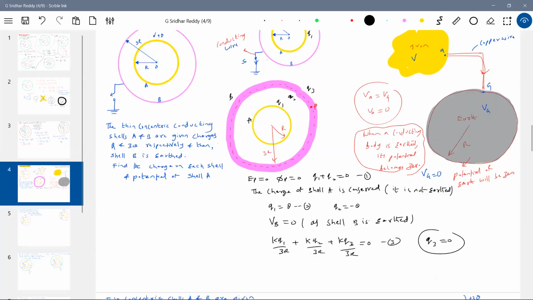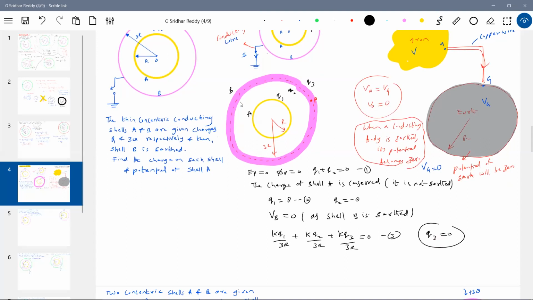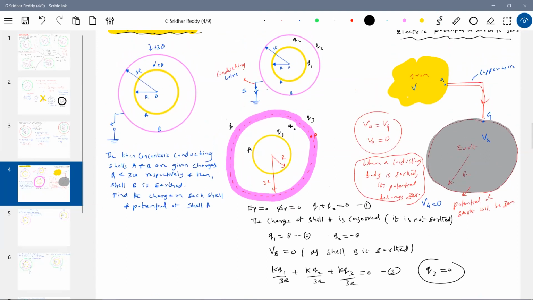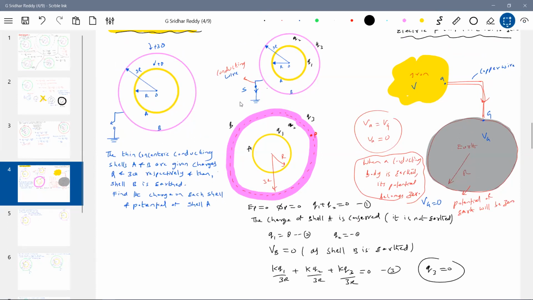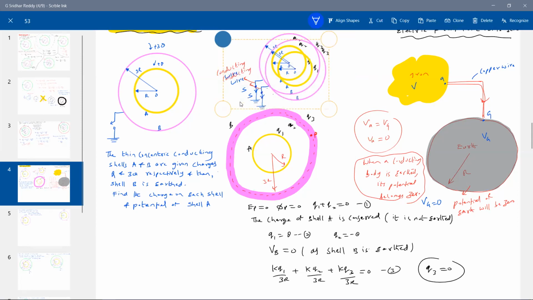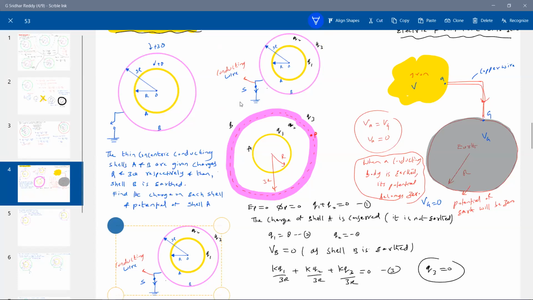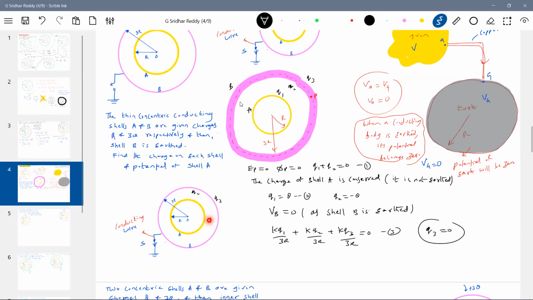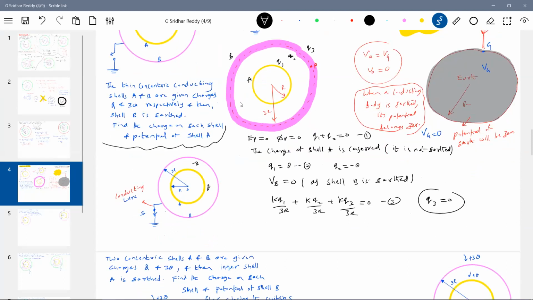Now how will the system appear? What are the final charges? This will be Q, minus Q, and this will be 0. This will be your final system.